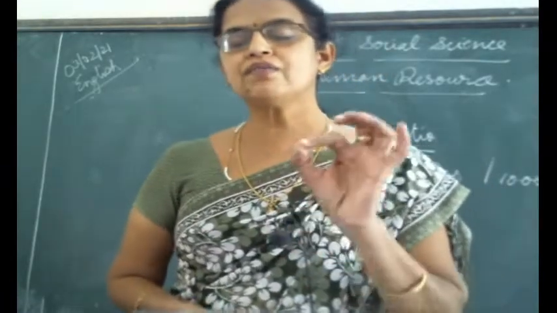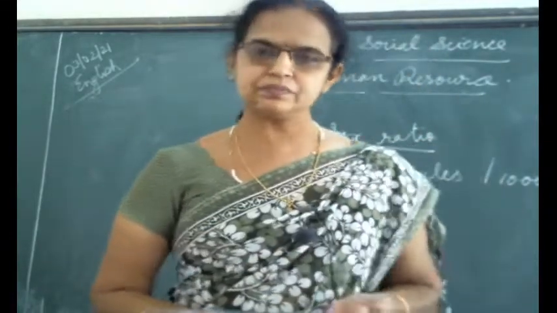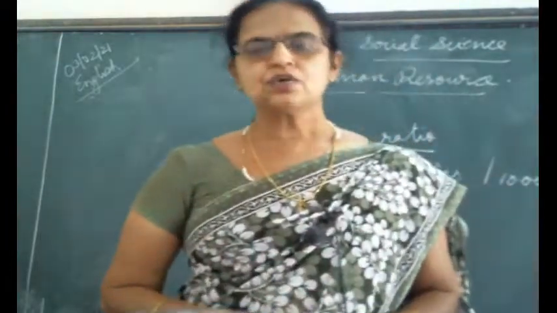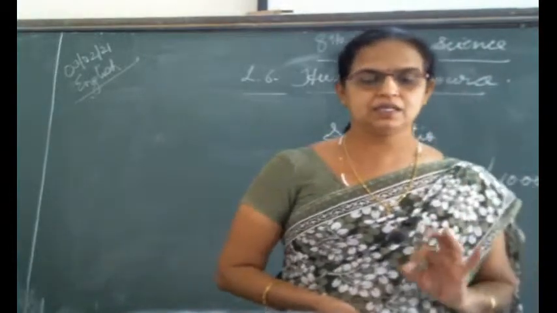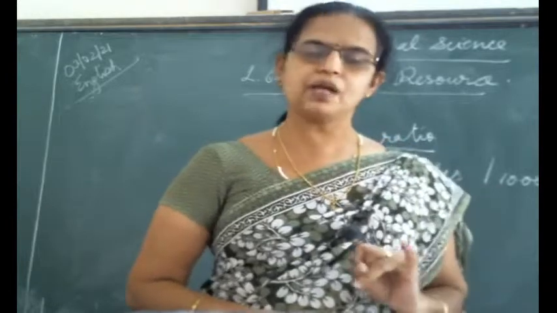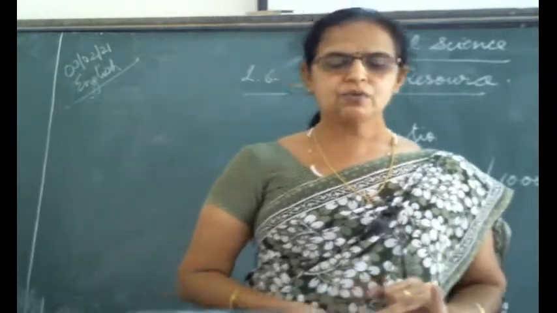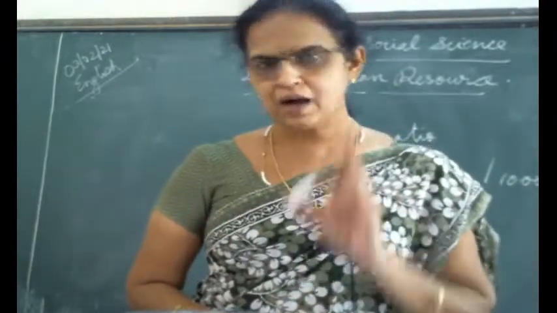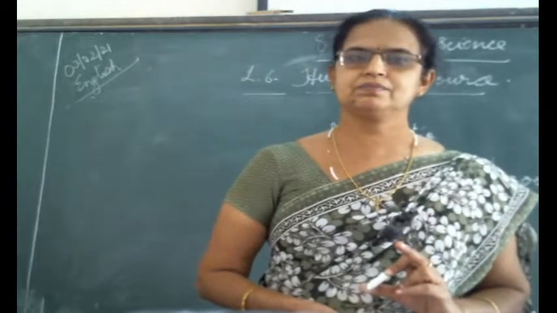So how can you define literacy? Otherwise, how can you define a literate person? The definition was given in the 1991 census. According to it, underline now, what is the definition of a literate person? Any individual who is 6 years or above, minimum age 6 or above, and who can read, write and understand any one language may be considered literate.